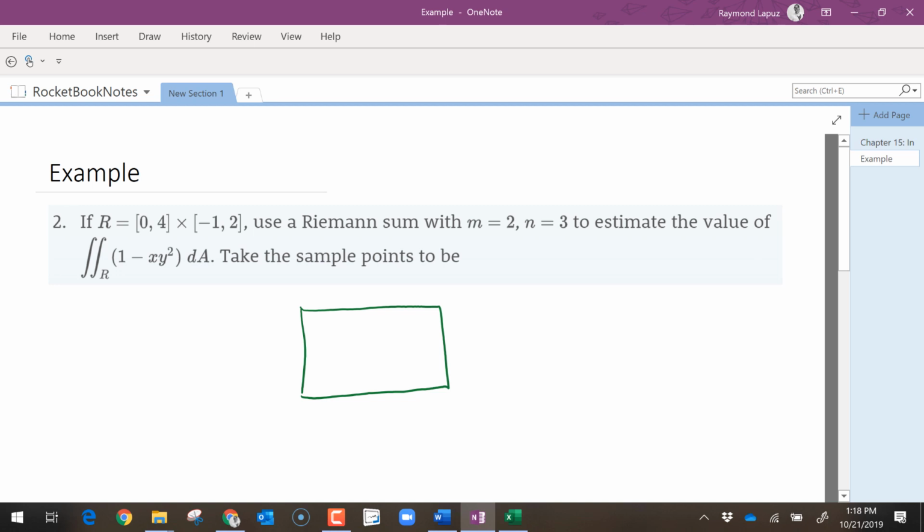This is a rectangle that goes from 0 to 4 and then -1 to 2. Maybe I should draw the XY axis first. So 0 to 4 in the X, 0 to 1, 2, 3, 4, and then -1 to 2.